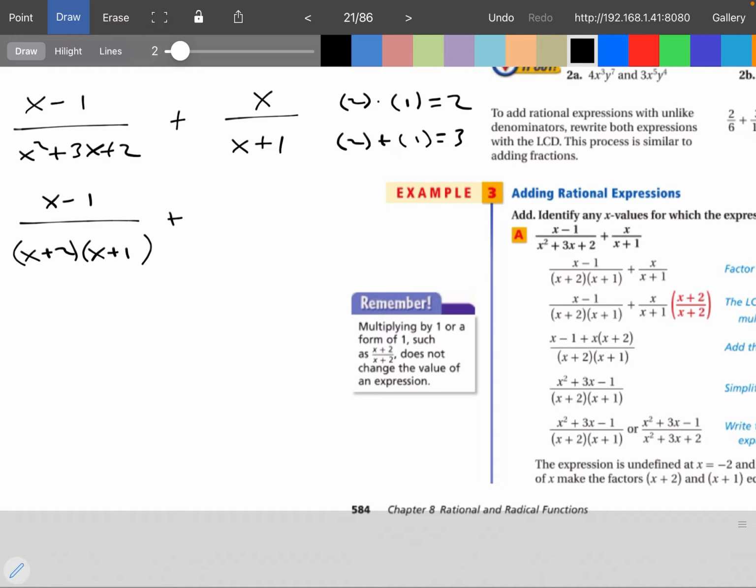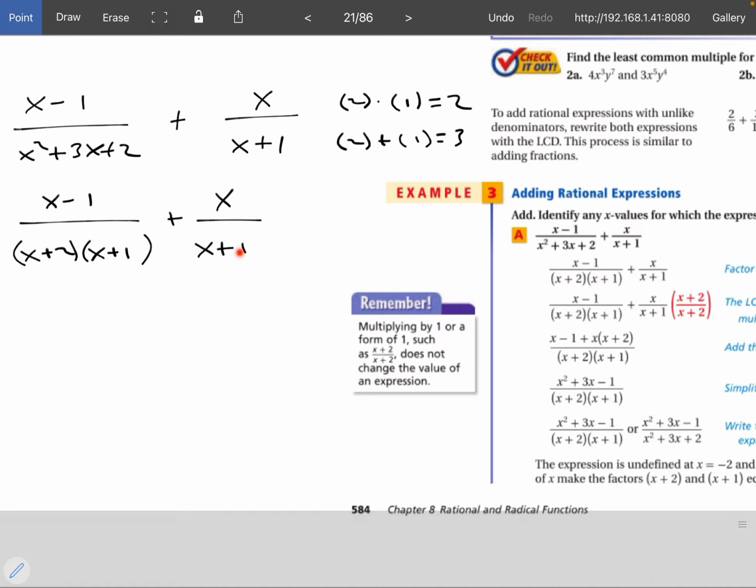And then we're going to rewrite the second fraction here. So this one is x over x plus 1. Now we want to make these denominators the same, right? So what is this denominator missing? If we wanted to make it look like this one. Yeah, x plus 2.